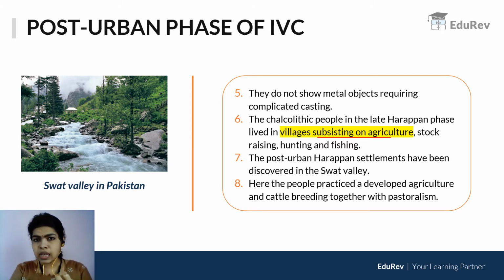The previous settled urbanized civilization has been losing its sheen because they are moving from place to place, increasingly focusing upon agriculture. That is why we say this is not an urban type of civilization. After 1500 BC, they practically started to decline.